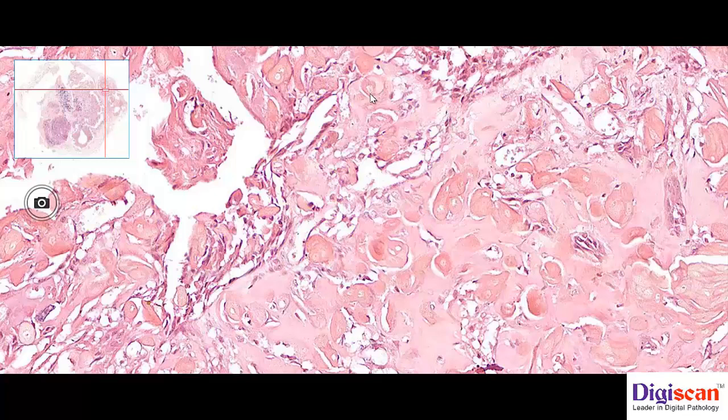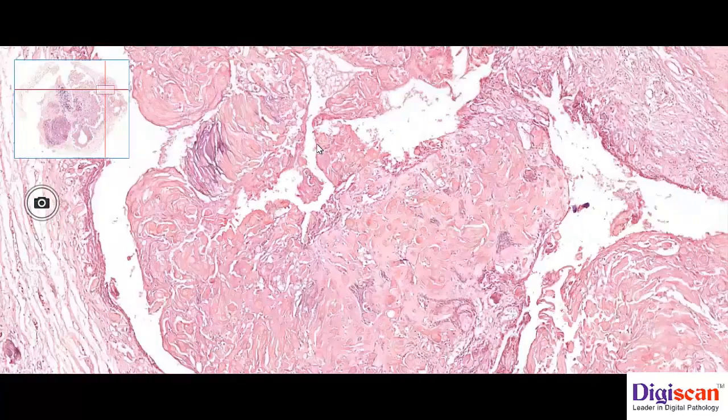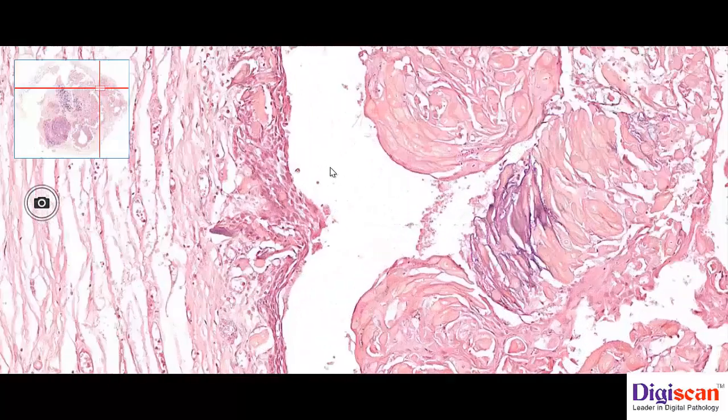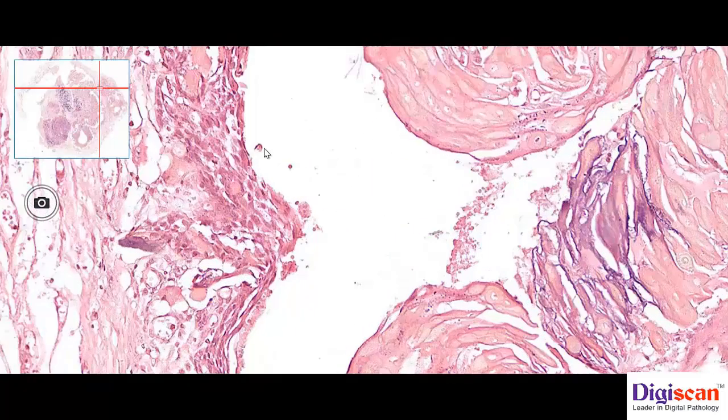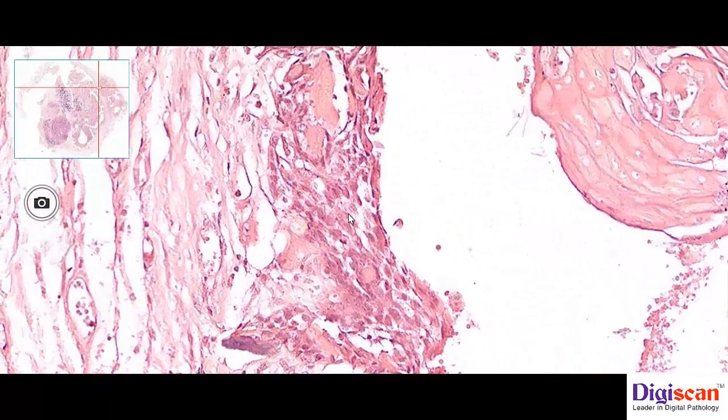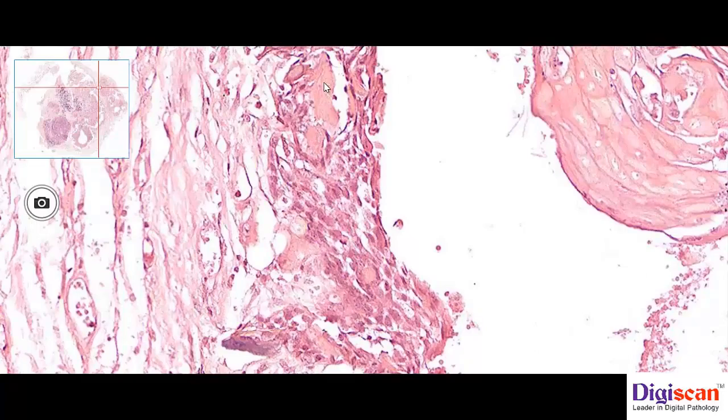These are anucleate cells with preservation of the outlines. And at the periphery, if we see, there is a thin layer of ameloblastic cells here. And this is ameloblastic cells. And in the ameloblastic layer itself, we can see the ghost cells.